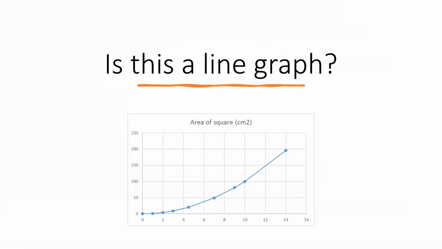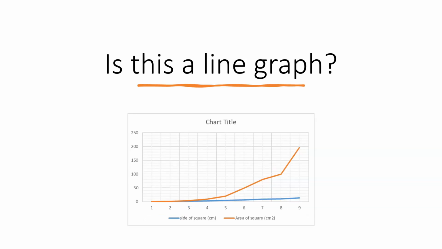Here's a question. Would you class this as a line graph? We just looked at this one and said it's a scatter graph. Would this be a line graph? No, because it's got continuous data on it, and because those points are very significantly plotted.